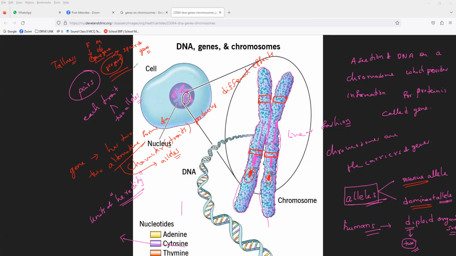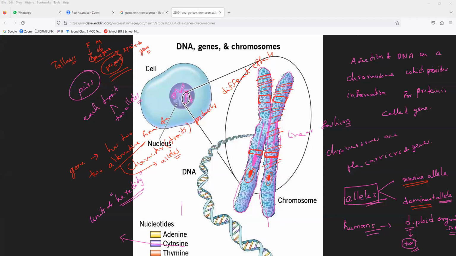So basically, one chromosome contains how many genes? Anybody can tell? One chromosome contains how many genes? Thousands of genes. Keep it in mind always. One single chromosome contains thousands of genes.